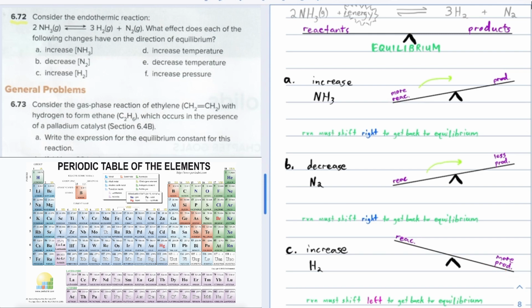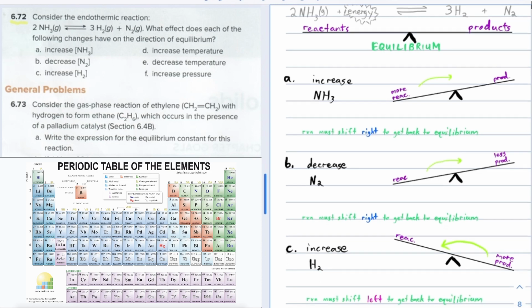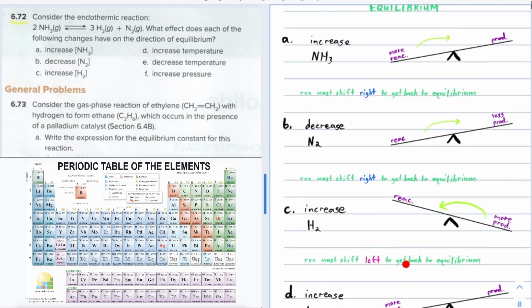To get back to balance, to get back to equilibrium, you have to take some of that product material and reform some reactant. So in this case, the reaction has to shift back to the left to get back to equilibrium. So increasing the H2 causes it to shift left.